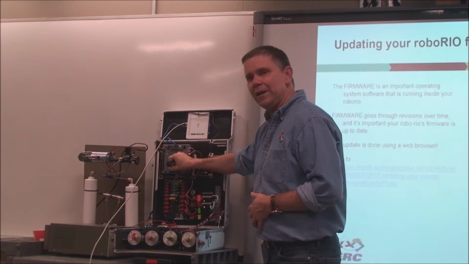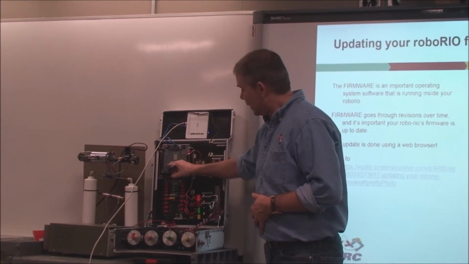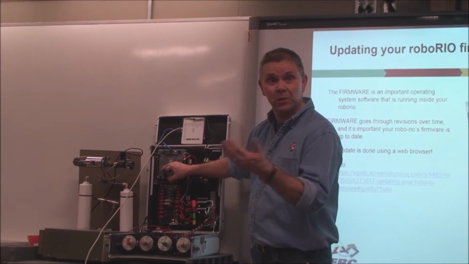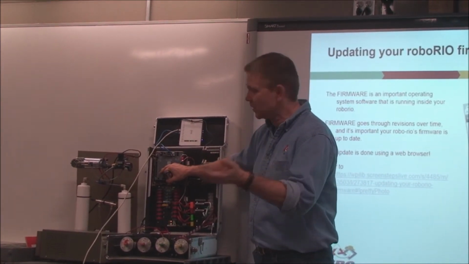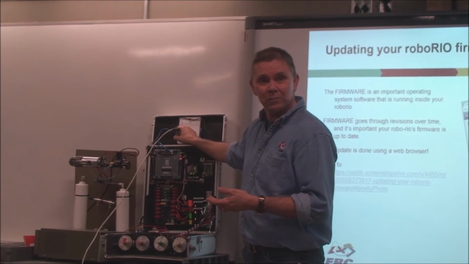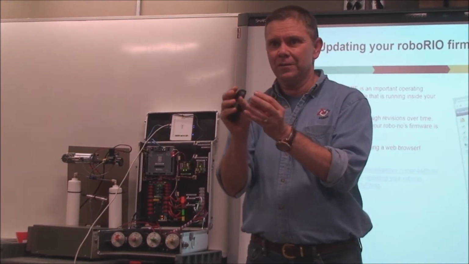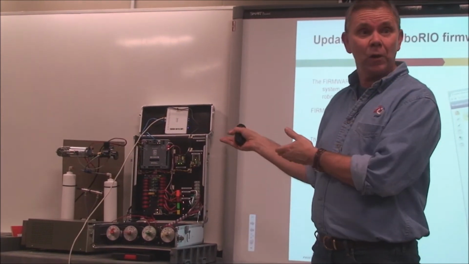So the firmware in here makes this thing a RoboRio. It makes this thing understand that it's got inputs and outputs, it's going to be talking to a robot, and it's going to have communications with this particular system. It defines the microprocessor and makes it a RoboRio.